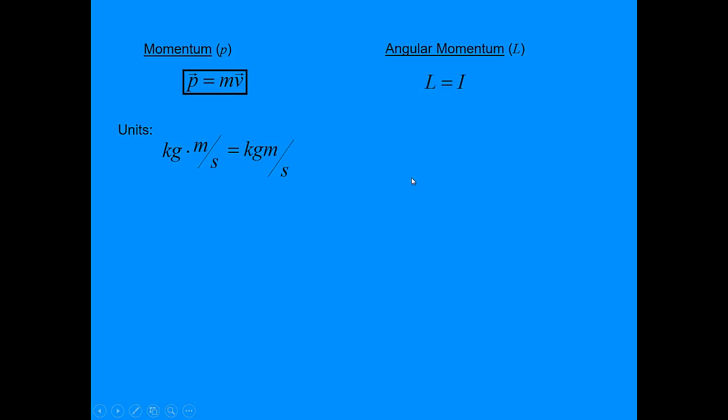It's, of course, rotational inertia, capital I. And what's the rotational version of velocity? It's the angular velocity. So you might not be too shocked to find out that the angular momentum of a rigid object rotating about a fixed axis is simply I omega. Rotational inertia times the angular velocity.